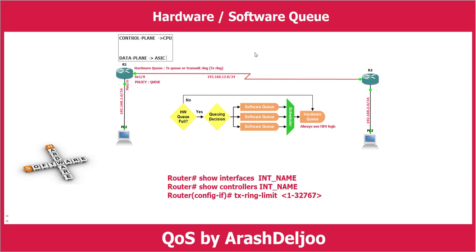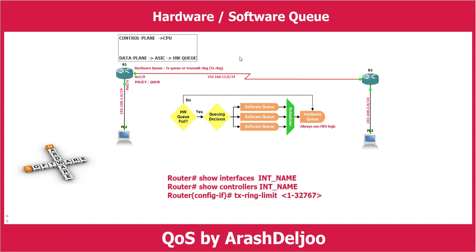The good news is that the hardware queue is controlled directly by, for example, the ASIC. Actually, the hardware queue can be accessed directly by the application specific integrated circuit, or ASICs, associated with an interface. So even if the general processor is busy, the interface can begin sending the next packet without waiting for the router CPU.